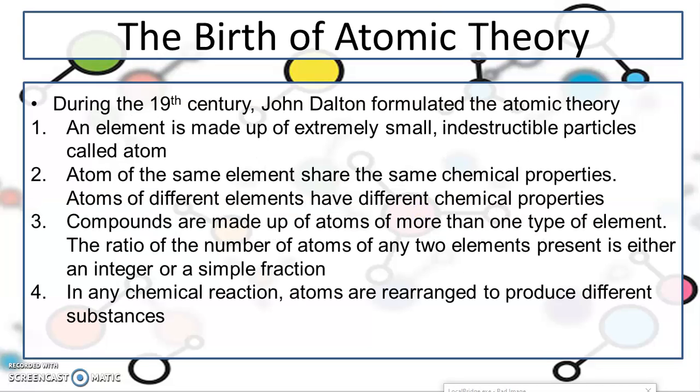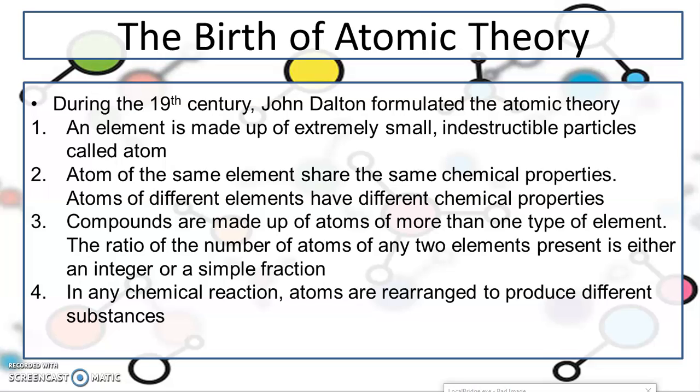During the 19th century, John Dalton formulated the atomic theory. An element is made up of extremely small indestructible particles called atoms. Atoms of the same element share the same chemical properties. Atoms of different elements have different chemical properties.